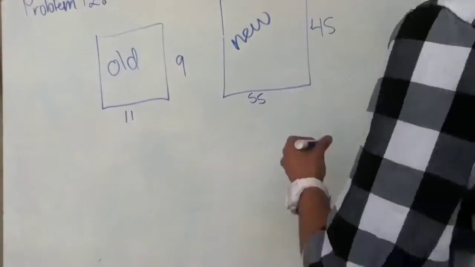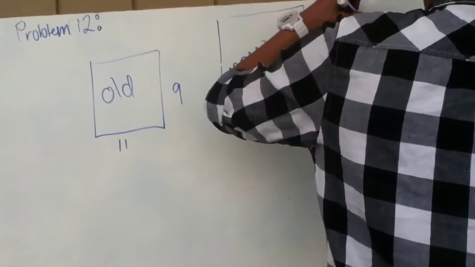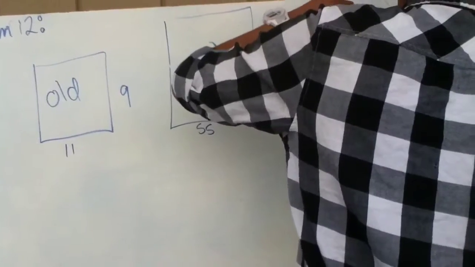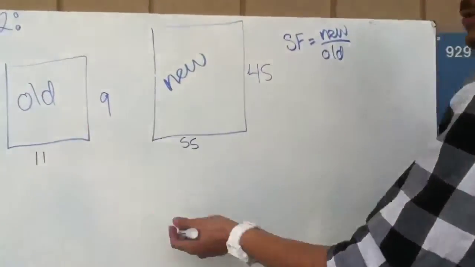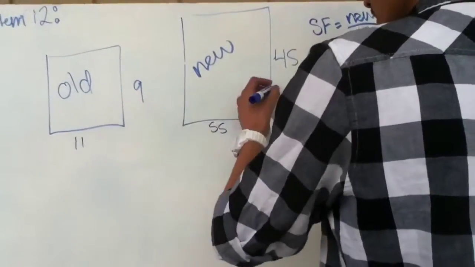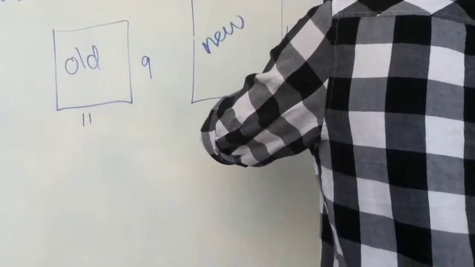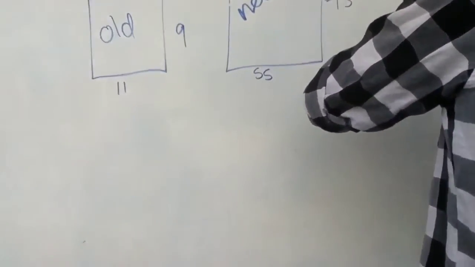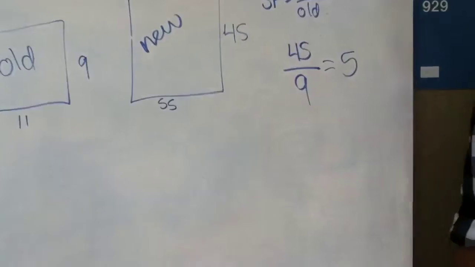We already knew that. So all we have to do is put in the scale factor, which equals new over old. It doesn't matter which one, because it's still going to be the same number. So we'll pick 45 over 9, which equals 5. That's your answer.